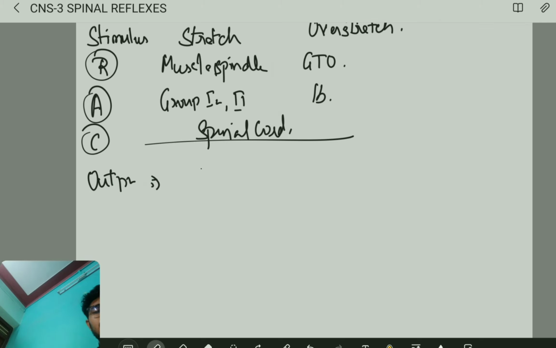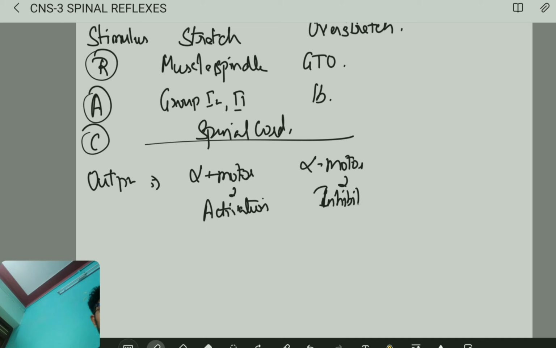Very simple. Output is through alpha motor neuron that causes activation, but here alpha motor neuron causes inhibition. In the inverse stretch reflex, there is alpha motor neuron inhibition. Fine. What is the response?